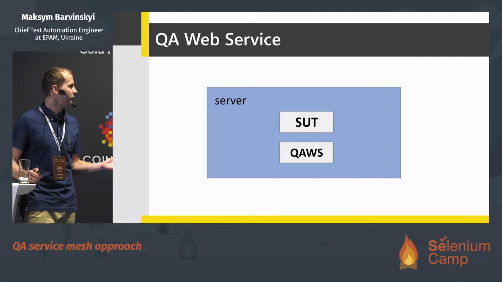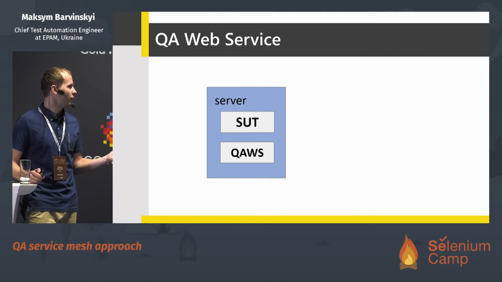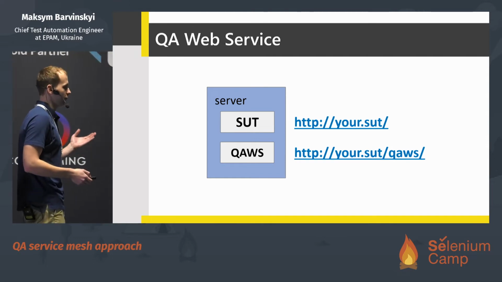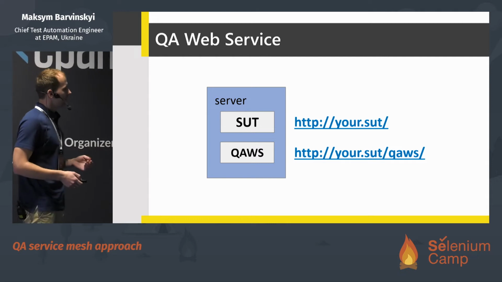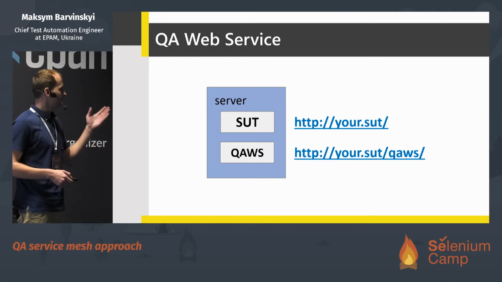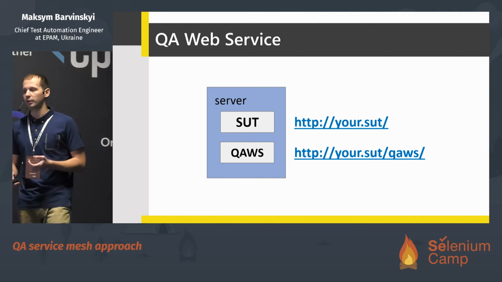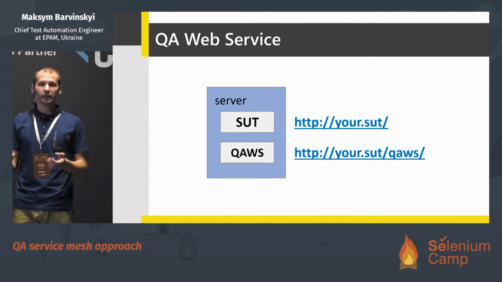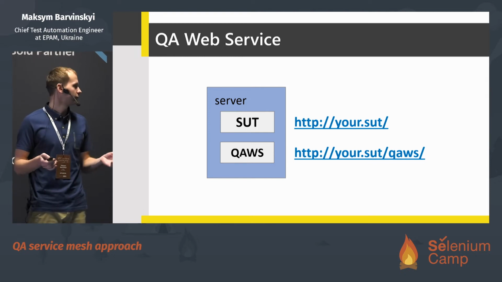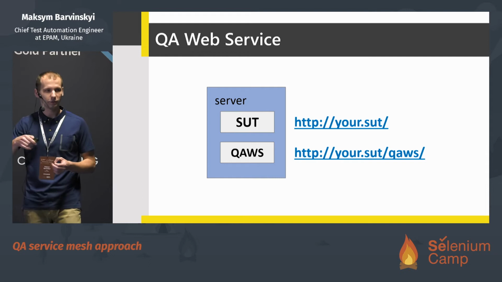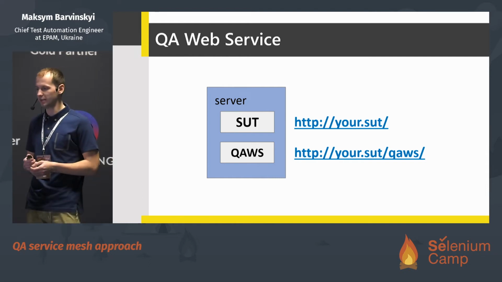Wouldn't it be easier? And call this artifact QA Web Services or QA Web Service. So that would be deployed on the same container, just with /QAWS, and we can call all the endpoints from here, like QAWS create file, QAWS send message, etc.